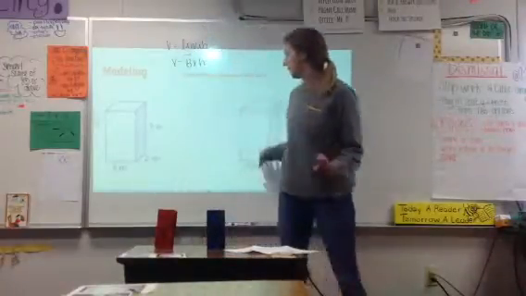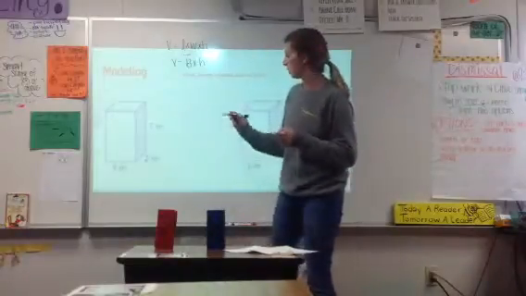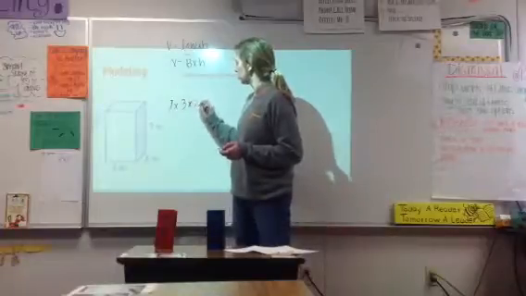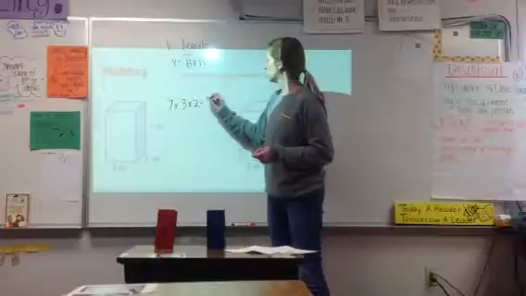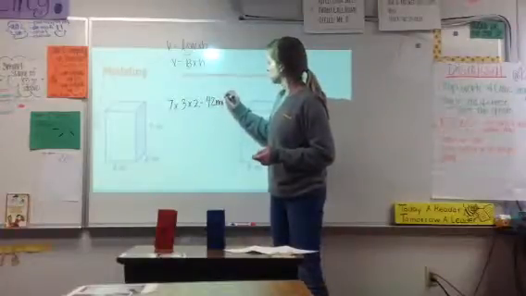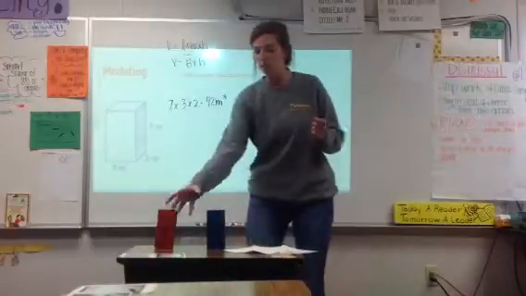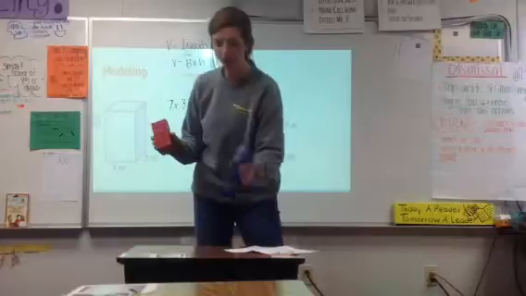We see that we have the same here. So to find the volume, I know that I multiplied these three numbers together. So I have 7 times 3 times 2, which 3 times 2 is 6 times 7 is 42 meters cubed, because they're labeled in meters. Okay, so I know that each of these have a volume of 42 meters cubed separately.